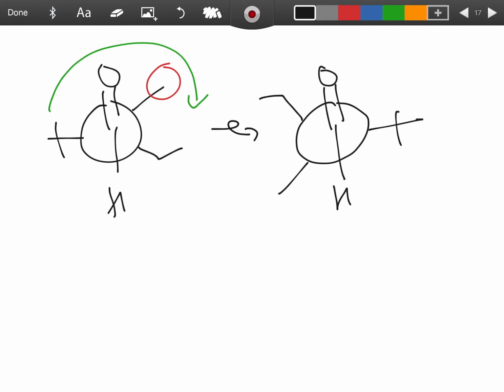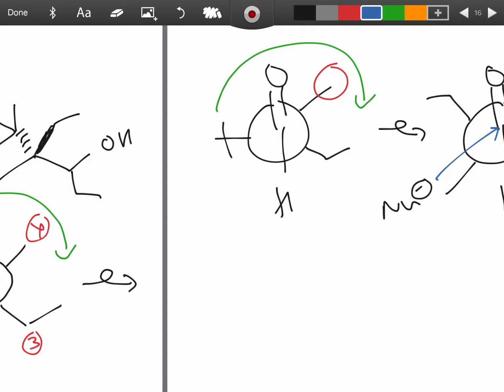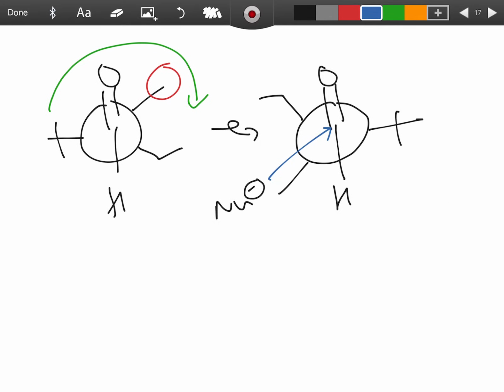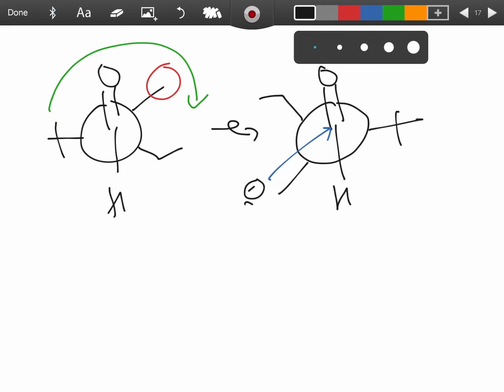So then we can run our nucleophile, which in this case is ethyl. Right along there. So we're going to stick our nucleophile between the small and the large group.